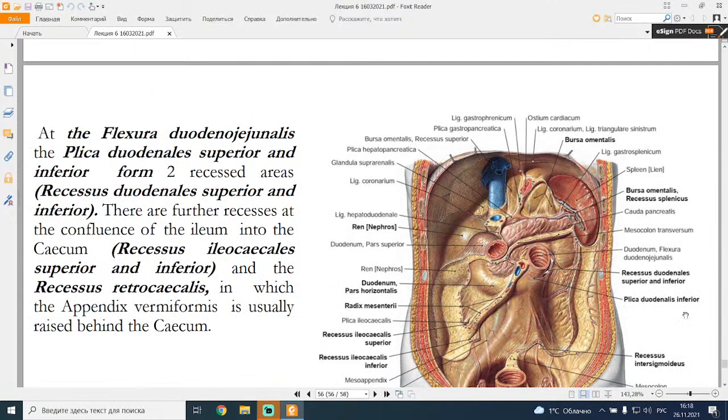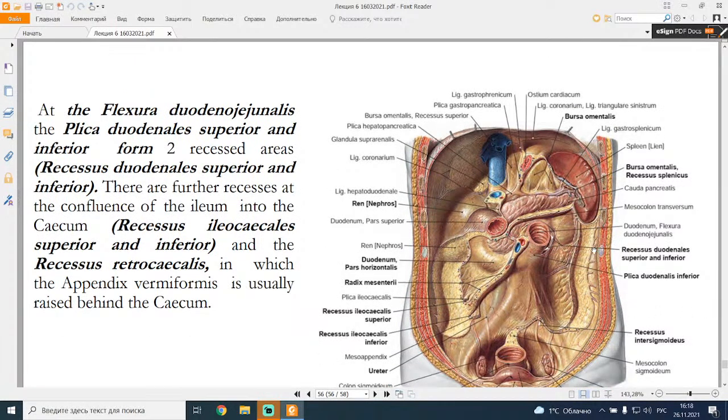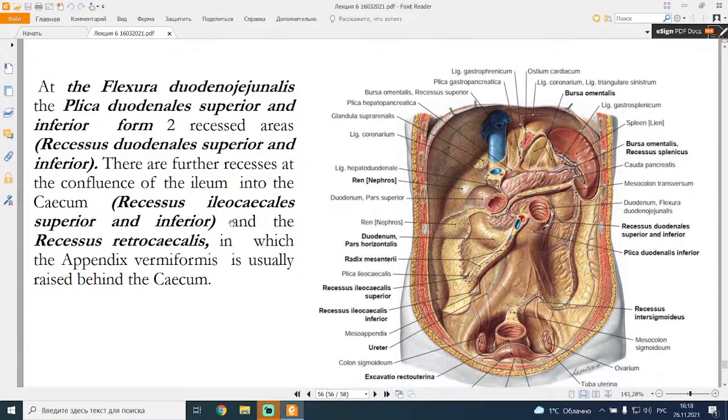At the flexura duodenojejunalis, the plica duodenalis superior and inferior form two recessed areas, recessus duodenalis superior and inferior.